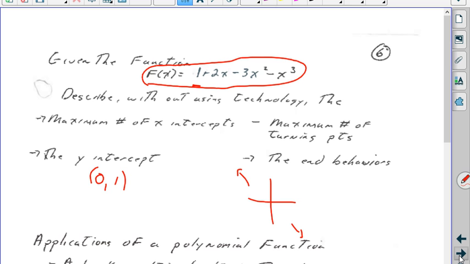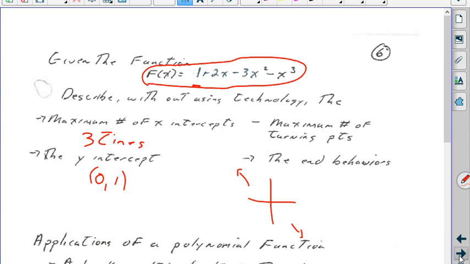It's a third degree function. It can cross the x-intercepts a maximum of 3 times. It can cross it once, it can cross it or touch it twice, or it can cross it 3 times. Can't cross it 4 times. Now, turning points.